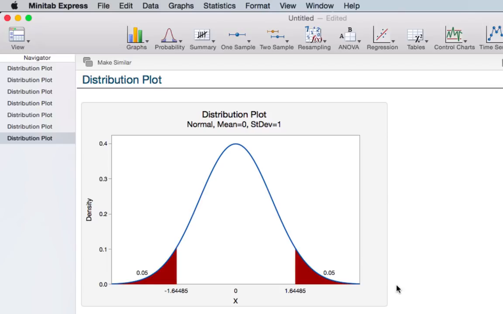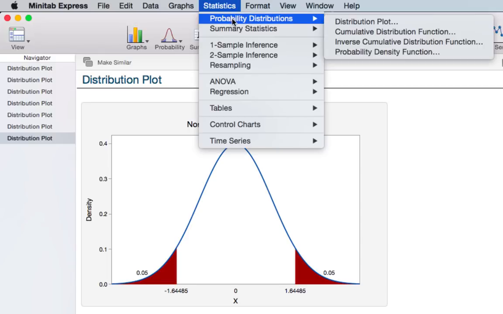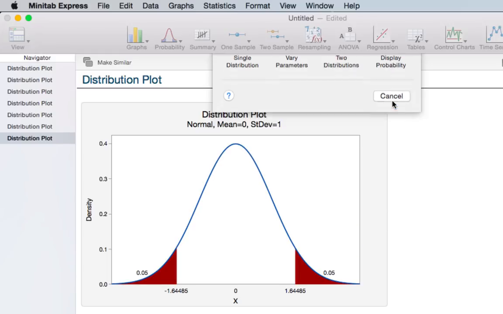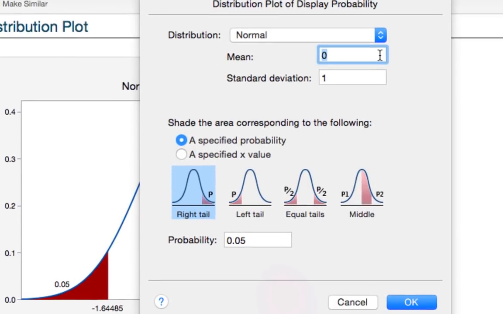Like before, we don't need to have a standard normal distribution. We could look at any normal distribution. Let's look at IQ scores next. Again, we'll construct a distribution plot to display probabilities. IQ scores are normal with a mean of 100 and a standard deviation of 15. Maybe we want to know what IQ is the cutoff for the 90th percentile.